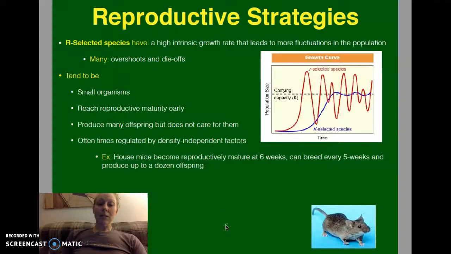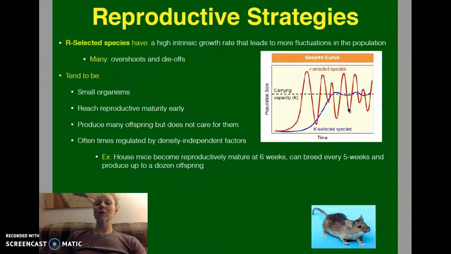If you have an R-selected species, though, it is easier to help an endangered R-selected species because they have a much higher reproduction rate. And so here you can see the population growth rate increases very, very quickly. But there's also lots of fluctuations, and these fluctuations often occur because of density-independent factors.